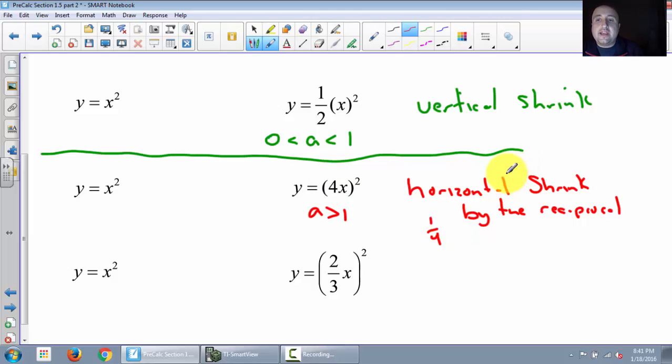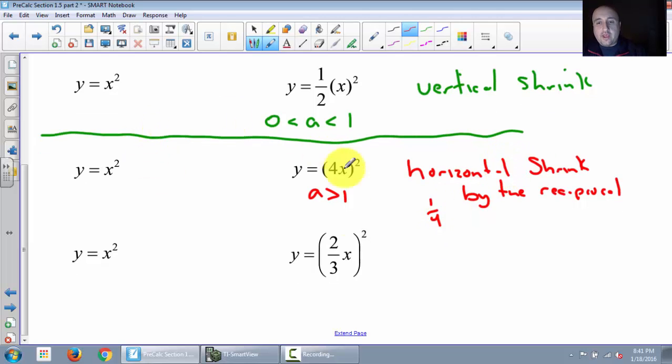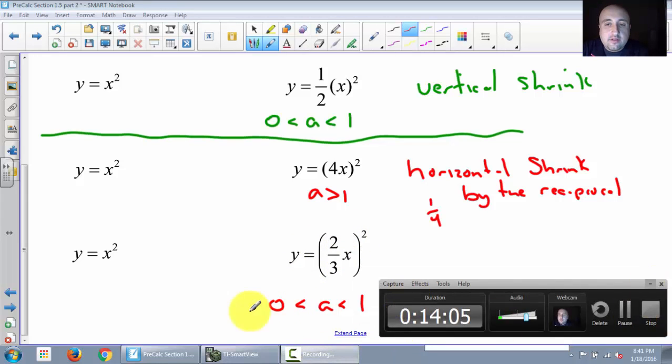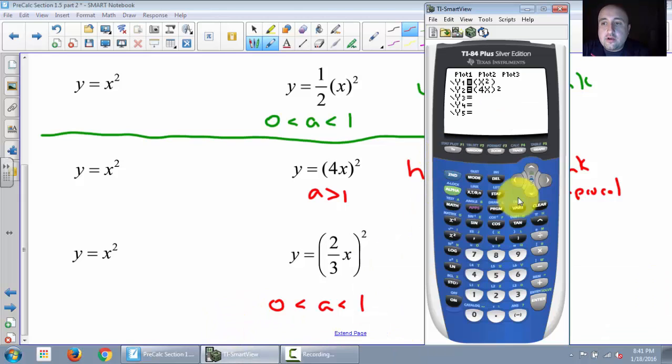Okay? And then last but not least, when your a is between 1 and 0, like this one, 2/3, let's see what this one does. So instead of 4, we're going to do 2. Let's do 0.66, since that's a little bit easier. 2/3 is 0.66. And we're going to graph. So there's our parent function.